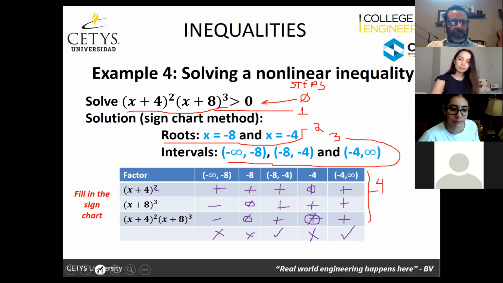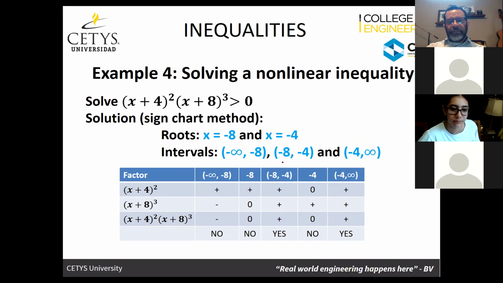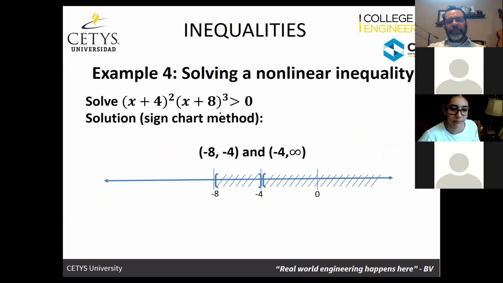You did perfect. And so this is step 5. And lastly, we identify the solution: it is from minus 8 to minus 4 and from minus 4 to infinity, and these are open parentheses.